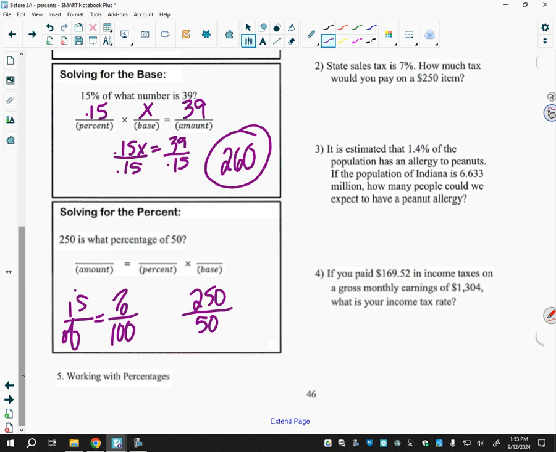Is what over 100? Which you're right, Parker. I was just confused where to plug in my numbers up here. Parker, you're right. Let's go. Because when you solve that, you get 5. But when you multiply by 100, that's 500%.